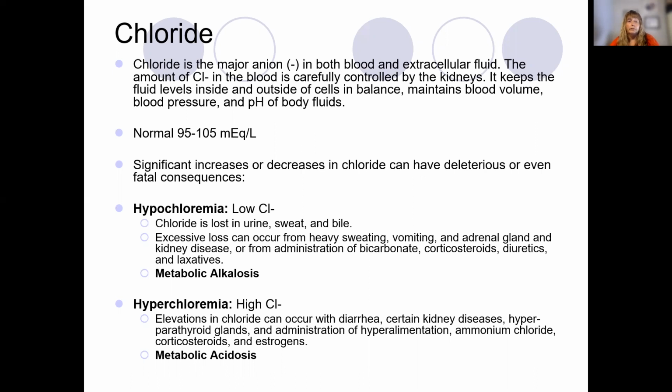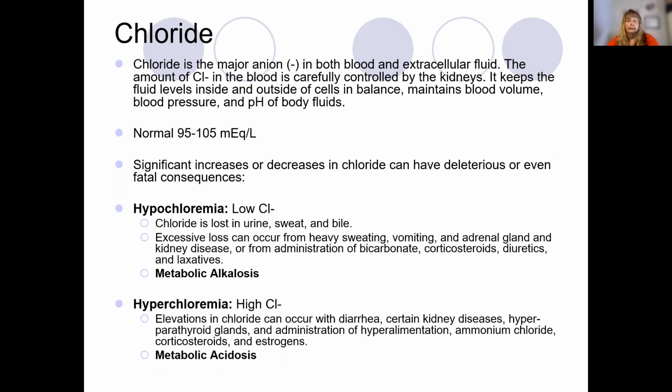So hypochloremia, or low chloride levels, can be caused by excessive sweating, urine, and bile. Excessive loss can occur from sweating, vomiting, adrenal gland and kidney disease, or from administration of bicarbonate, steroids, diuretics, and laxatives. And you will see this in a metabolic alkalosis.